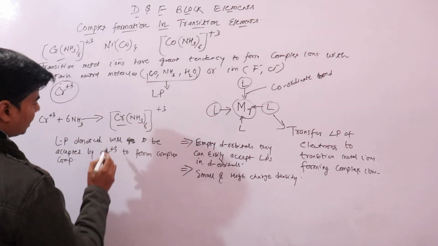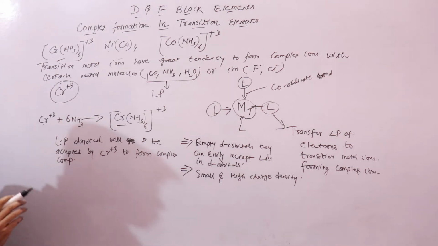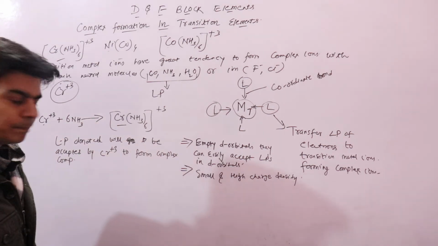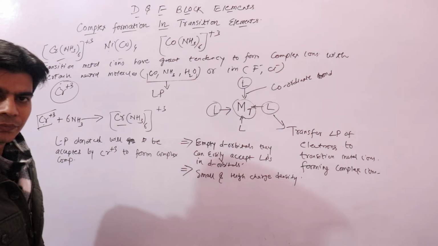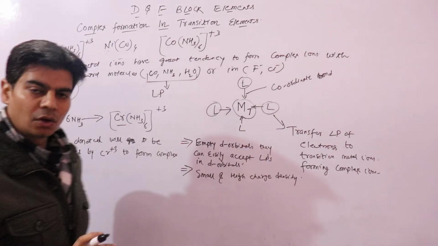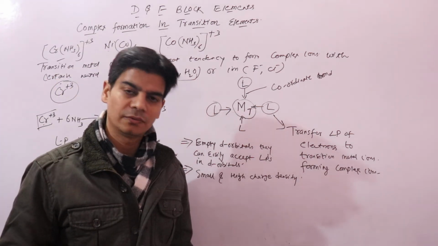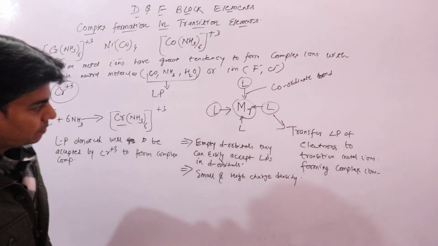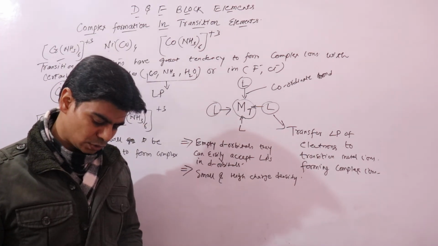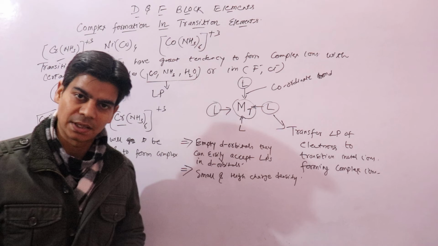Why? Because of the high charge density of chromium and its small size, and due to the availability of empty d orbitals into which these lone pairs of electrons can be easily accepted. So that is why transition metal ions show a high tendency to form complex ions.